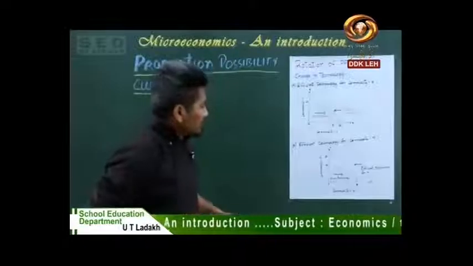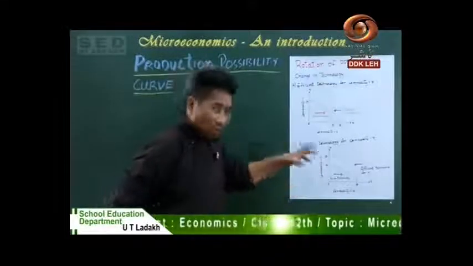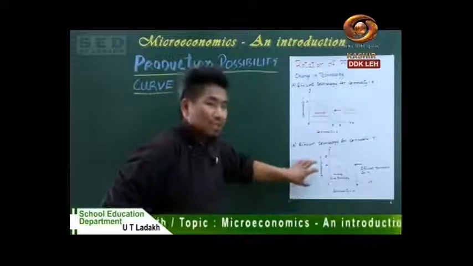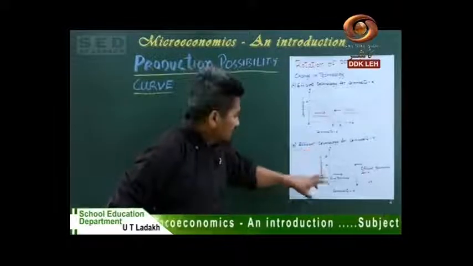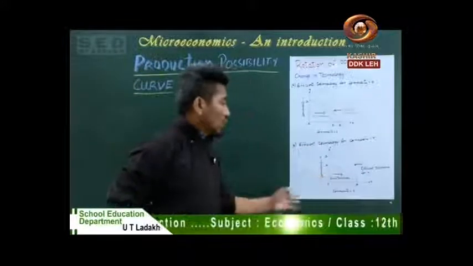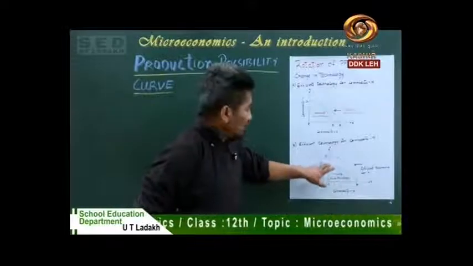Now there is an increase in the efficiency of technology for producing commodity Y. Due to this, the production possibility curve rotates clockwise from A to A1.